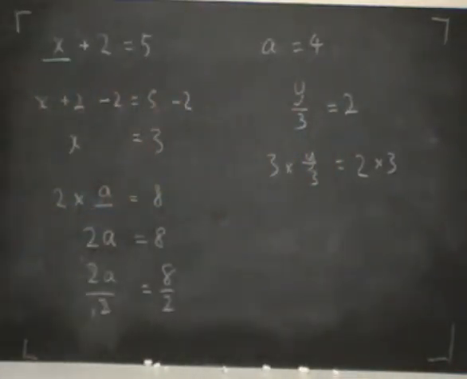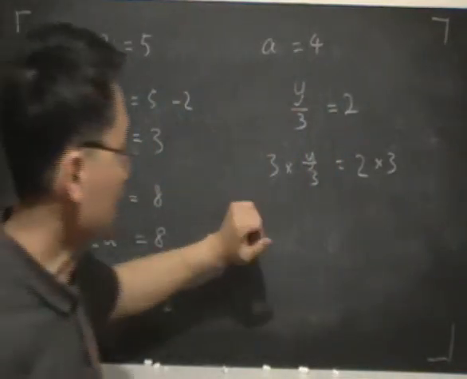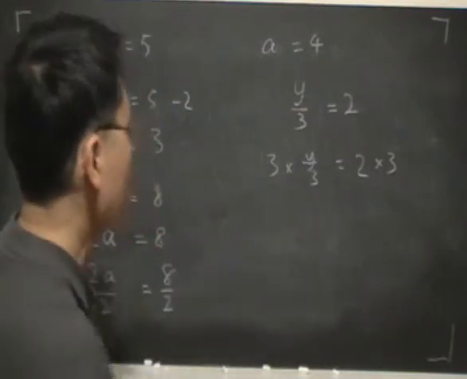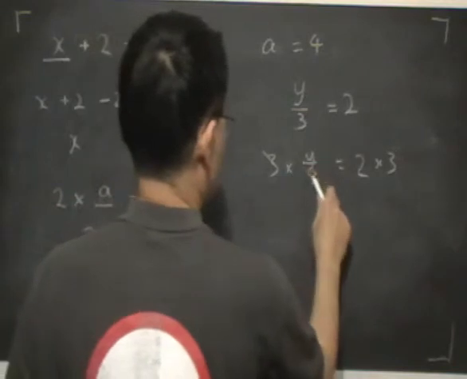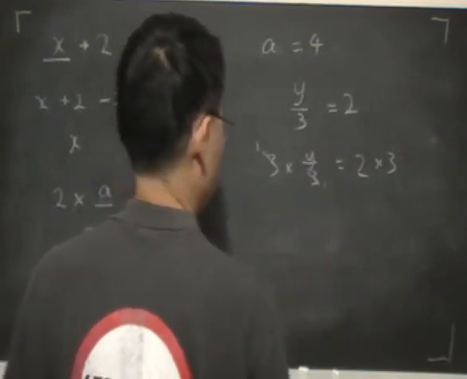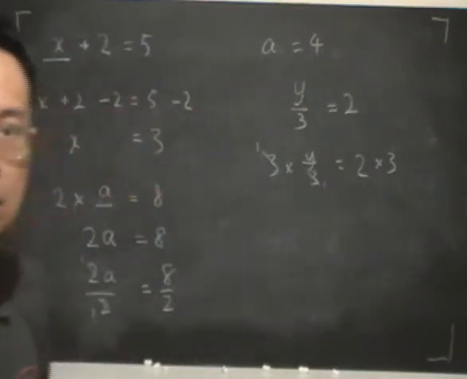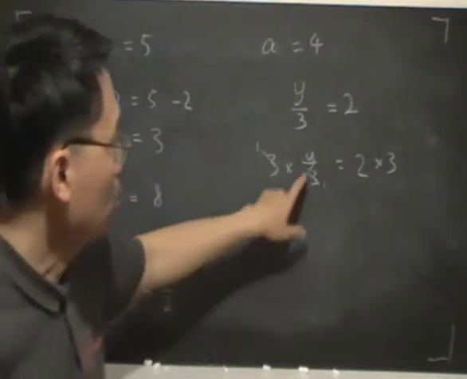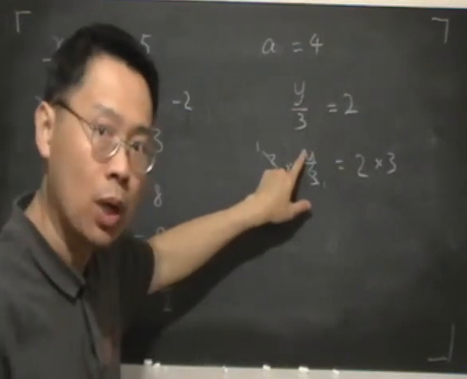3 times 2. So now, on the left side, we have 3 on top and 3 at the bottom. We can cancel this, right? Divide that by 3 and divide that by 3. So we get 1 on top and 1 at the bottom. So we are left with y.